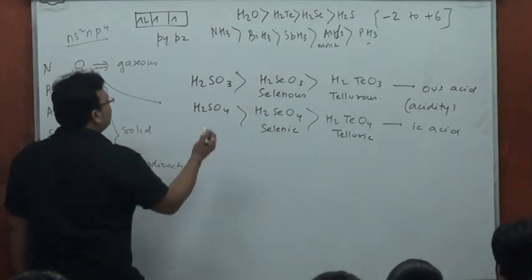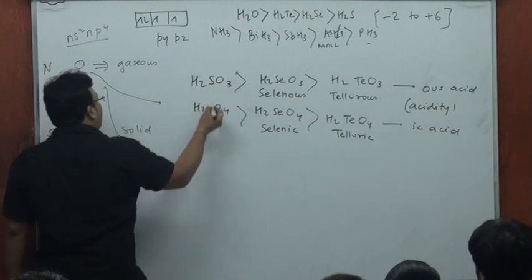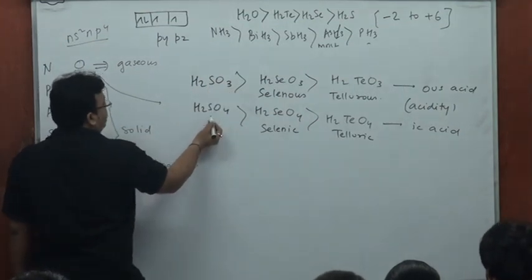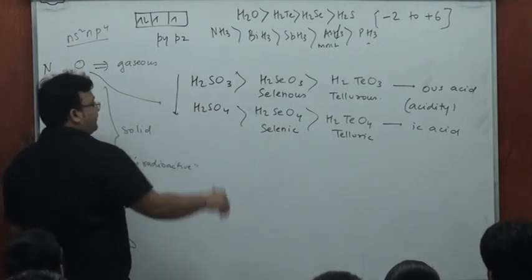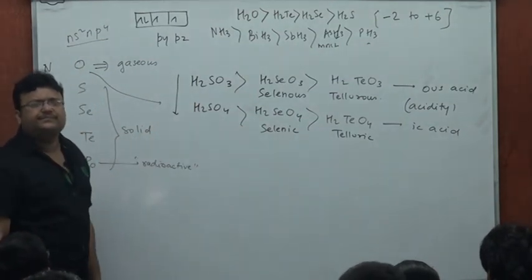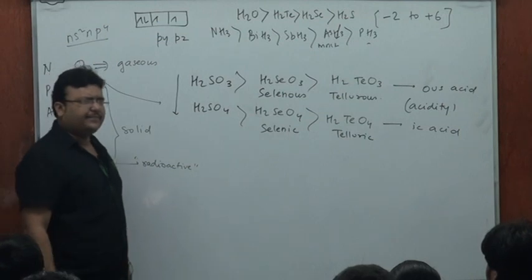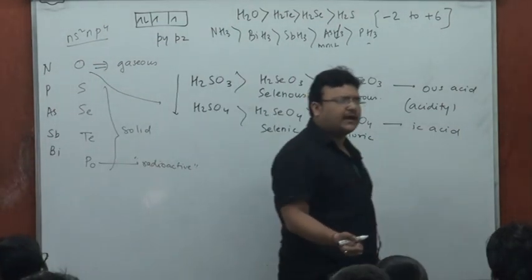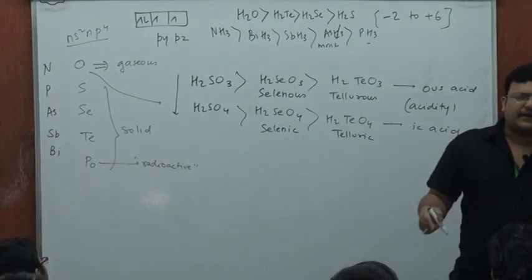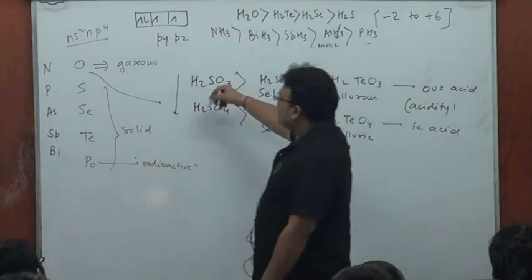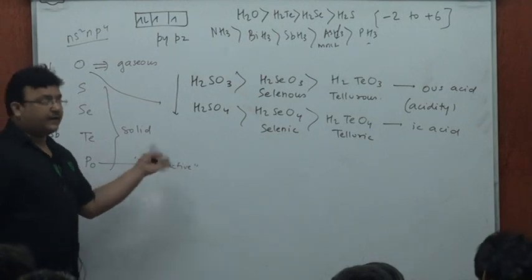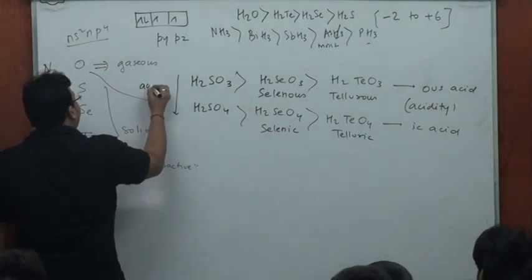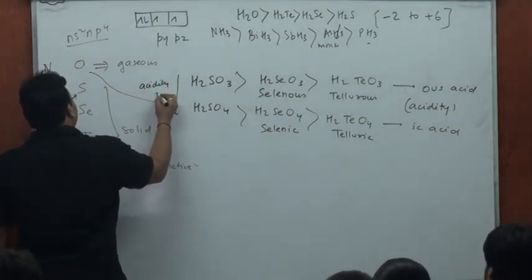And while comparing the lower and the higher oxidation state of the same element, who will tell me which is more acidic? Higher oxidation state. Because I've repeated it so many times, between ferrous and ferric, ferric is more electronegative. So moving down, comparing the lower and the higher oxidation state acid of an element, you will find acidity increasing.